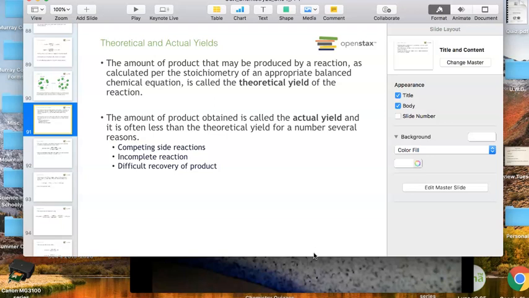Now I just have to do the calculation there to get my percentage, times 100. And I get 77.29%. All right, so that's what I get for my percent yield.